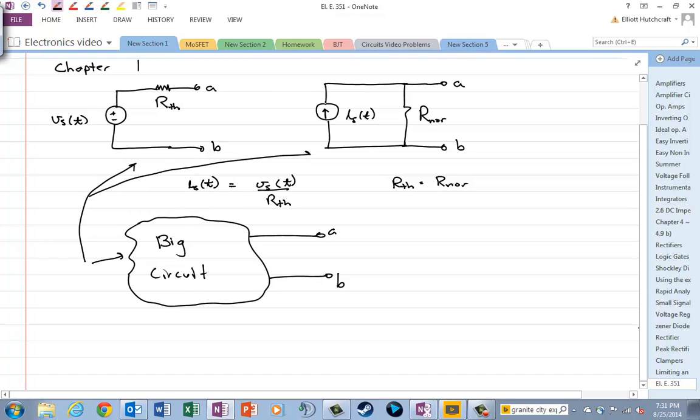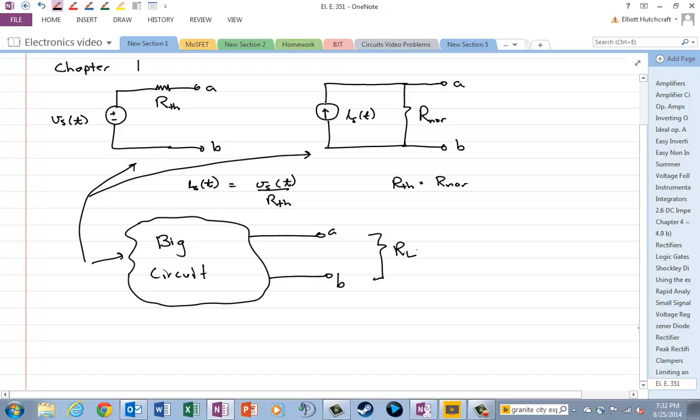So you can either do a Thevenin representation of it or a Norton representation of it. Then when you attach some load resistor between terminals A and B, rather than having to analyze the big circuit with RL attached to it, you can analyze the Thevenin or Norton equivalent and make things a whole lot easier. So there are some nice things that can be had from remembering these Thevenin and Norton equivalences.